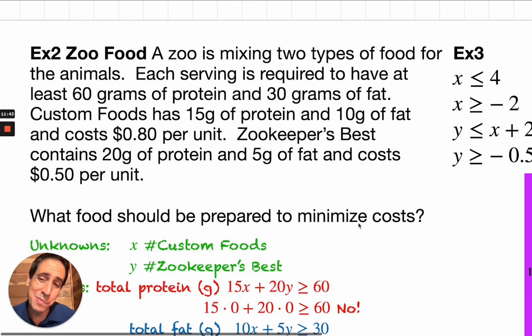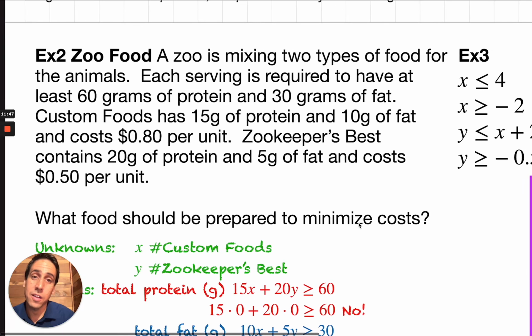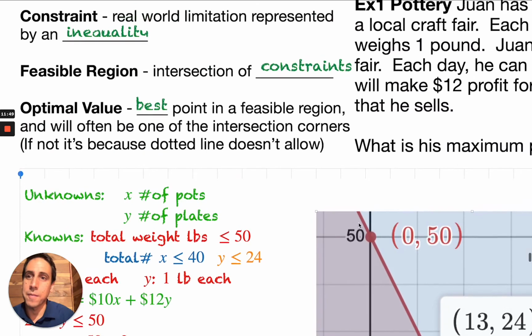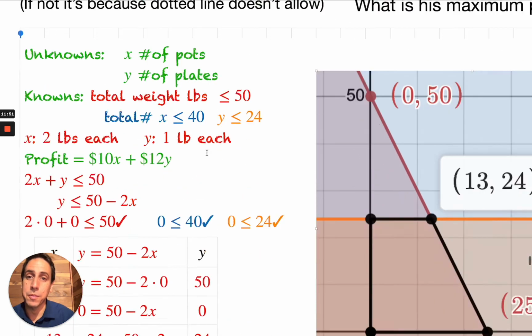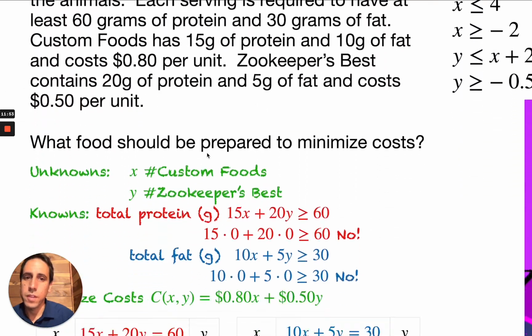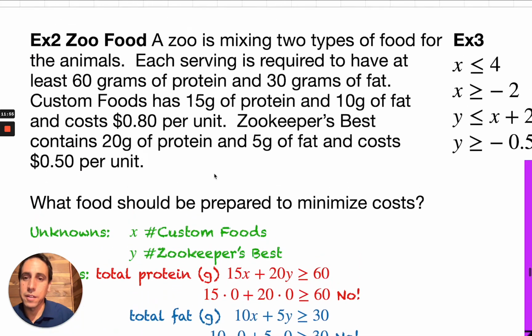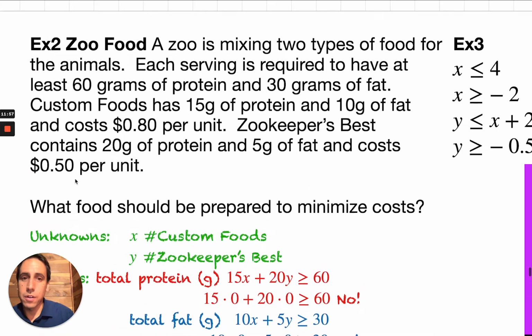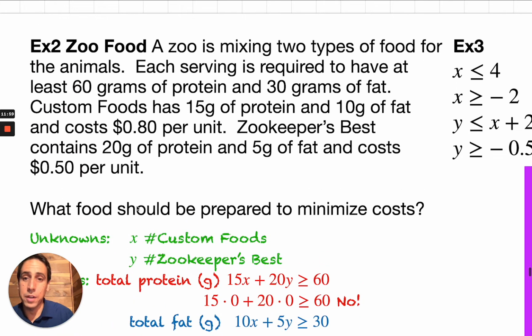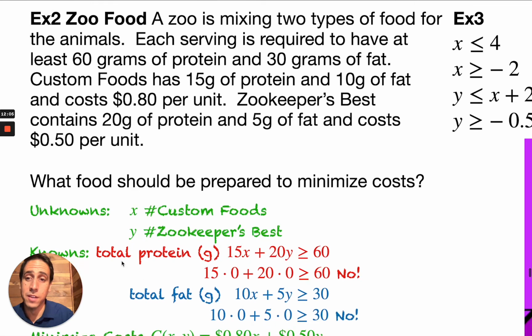Minimize costs. That means we want to make sure our third equation, the one that helps us find the optimal value, is going to be money. What we don't know is how much of Custom Foods and how much of Zookeeper's Best. Let's label them X and Y, choosing the letters from the alphabet that we're going to be graphing.